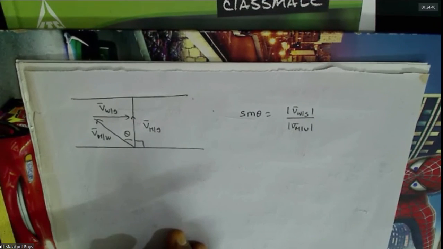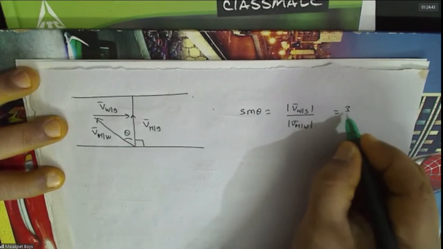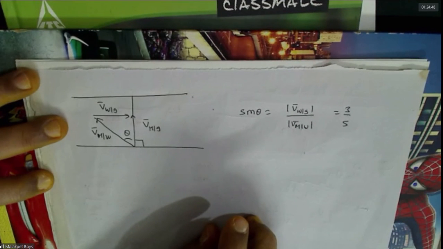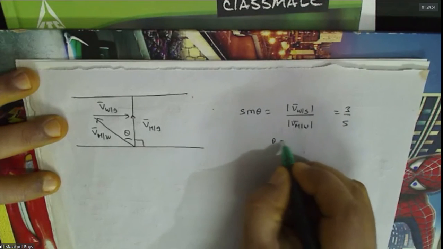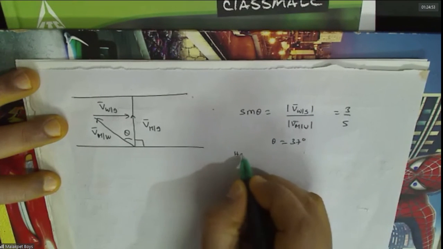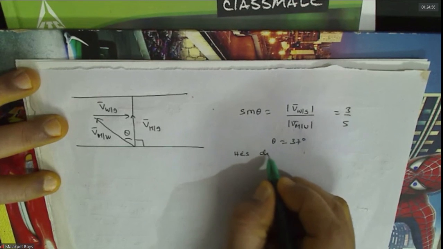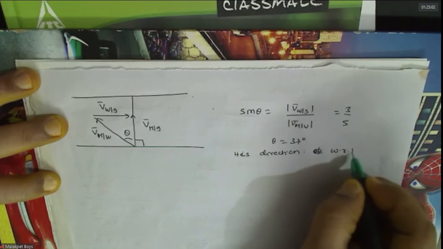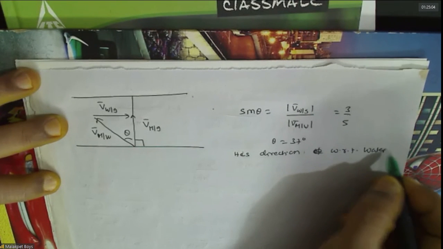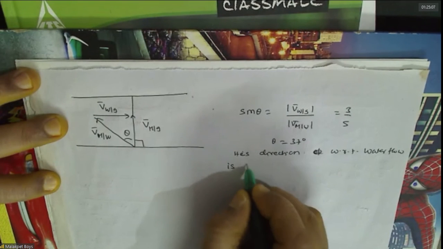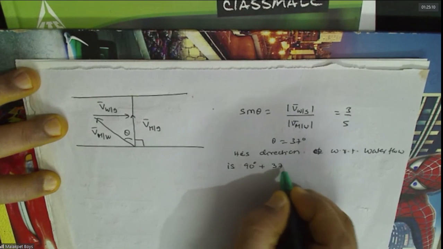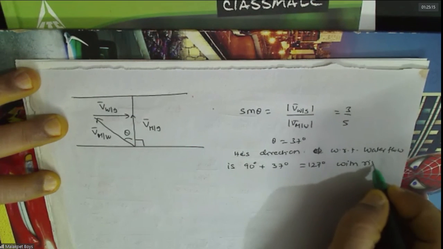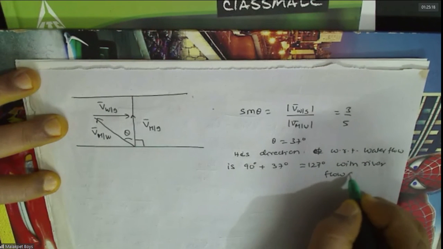Here, the water flow is how much? 3. And this is 5. Yes, sir. Man with respect to water. So theta is how much? 37 degrees. So his direction is with respect to the river flow direction.